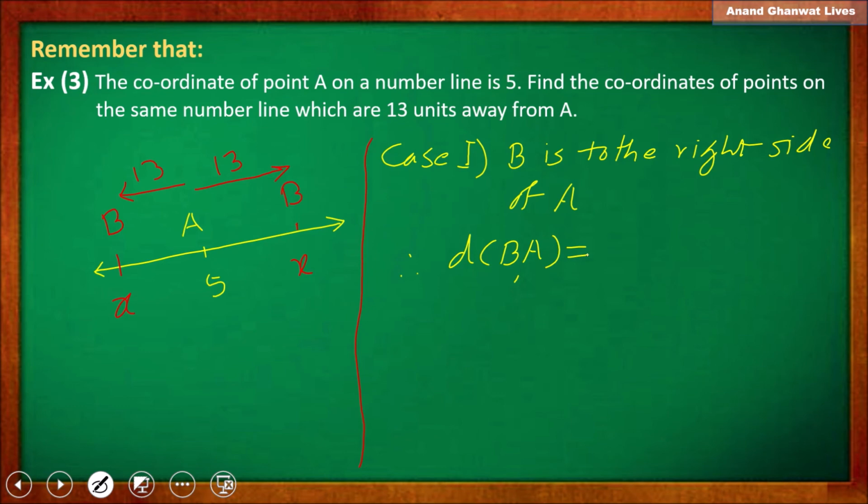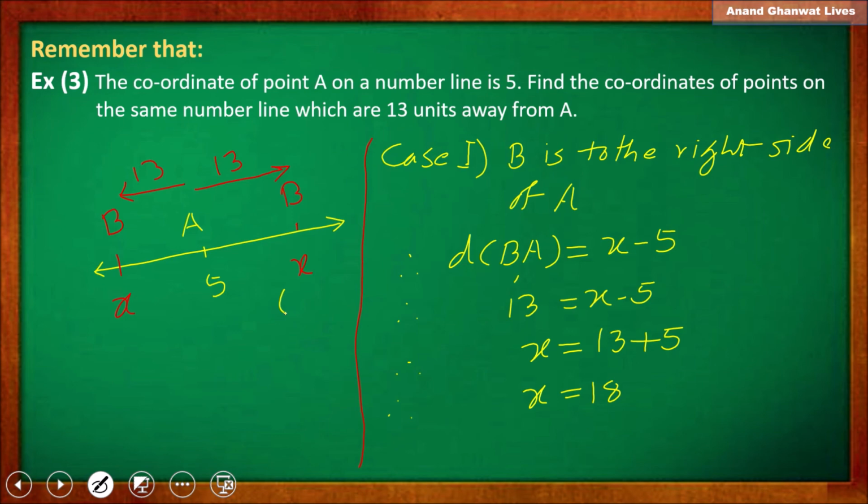Since B is on the right side, and the number on the right side is always greater than the number on the left side on the number line, it is the greater coordinate x minus the smaller coordinate 5. But the distance between points B and A is 13 units. So 13 is equal to x minus 5. Therefore x is equal to 13 plus 5, which is 18. So in the first case, when B is to the right side of point A, the coordinate of point B is 18.